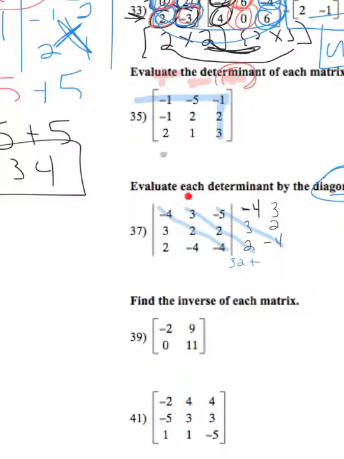Plus these. 3 times 2 is 6 times 2 is 12. And then these. 5 times -4 is positive 20 times 3, so 60. So there's the positives. Now I want to subtract these.